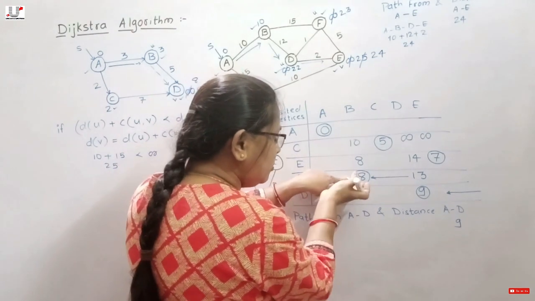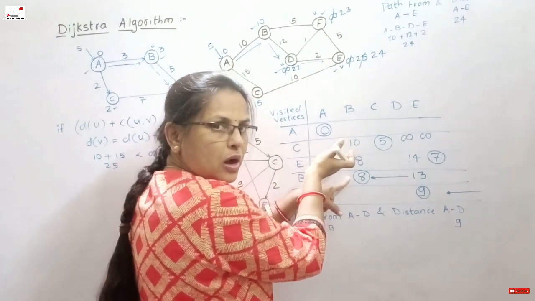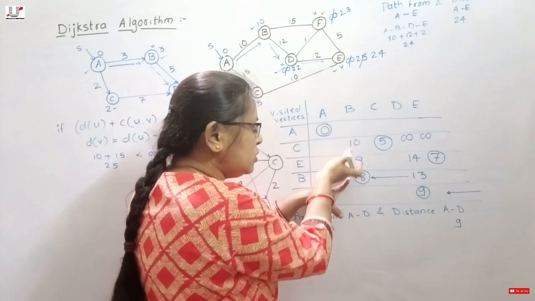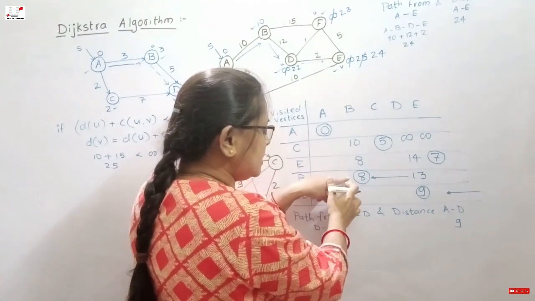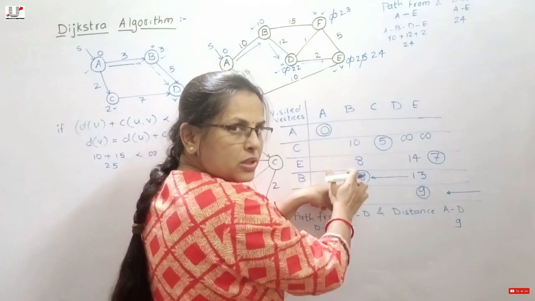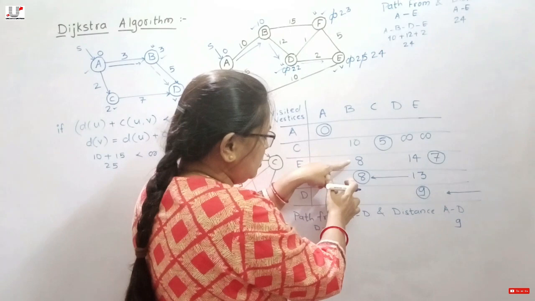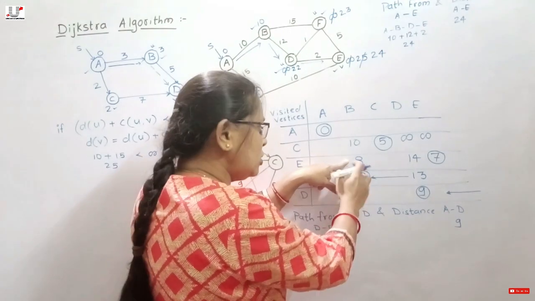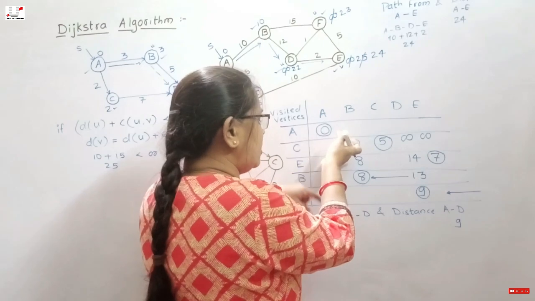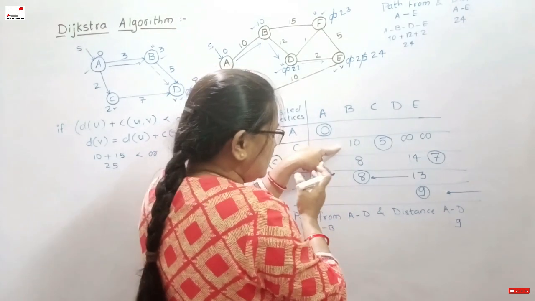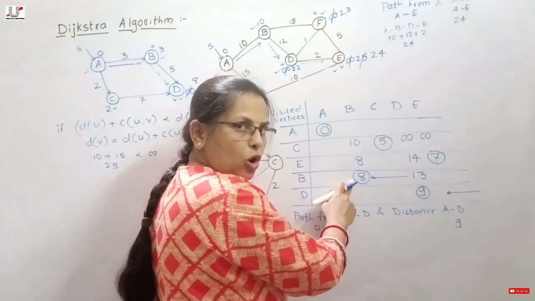Then again move one row up and check whether there is a modification in the same column in the row above. No, there is no modification, so leave this row. Again move upward and check whether there is a modification in this column.